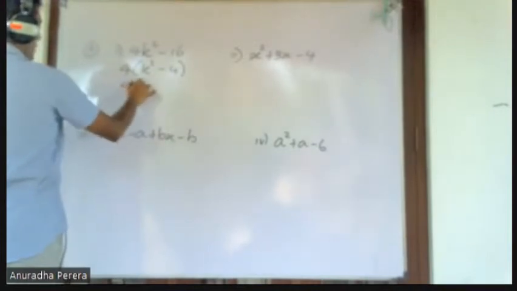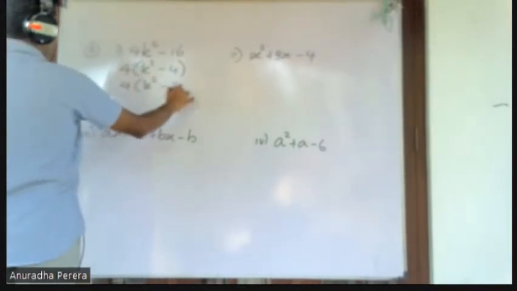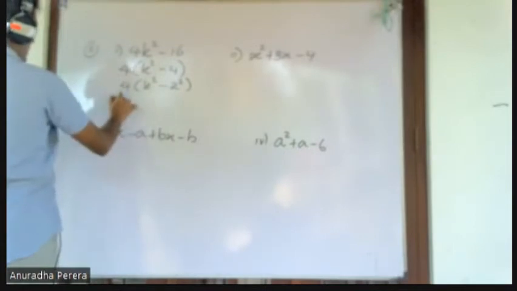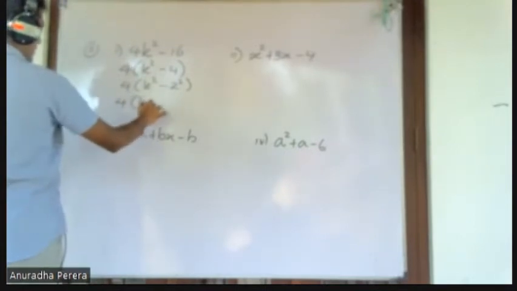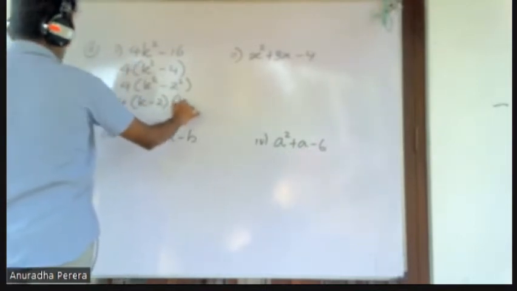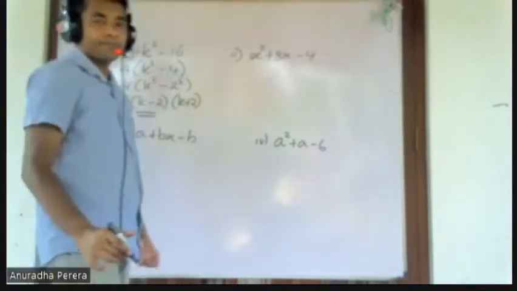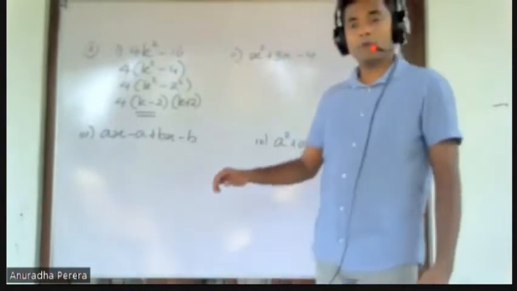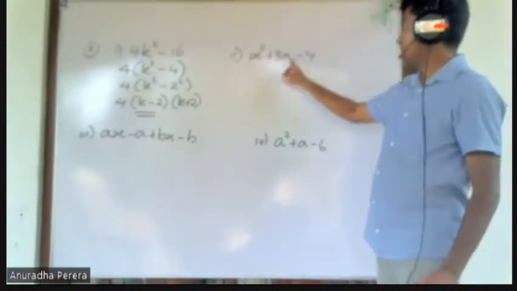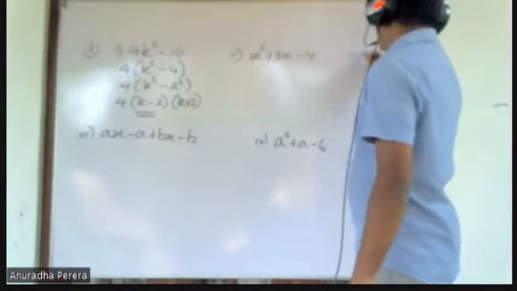Then 4 times k squared minus 2 squared. Apply difference of two squares. k minus 2, k plus 2.